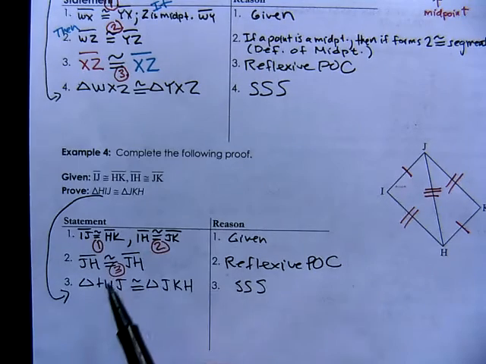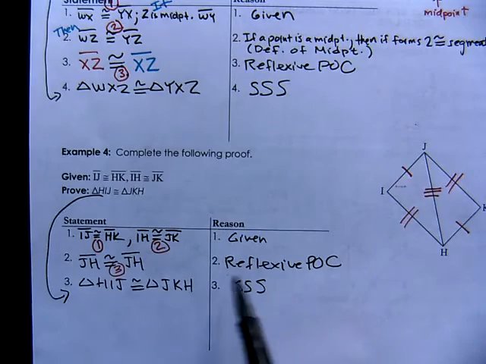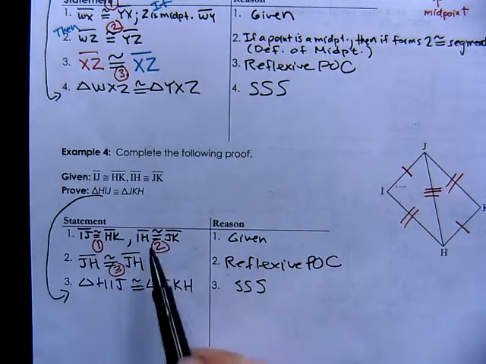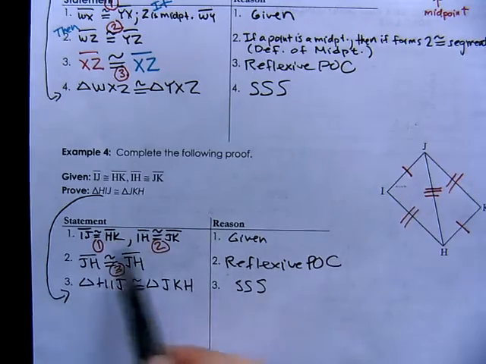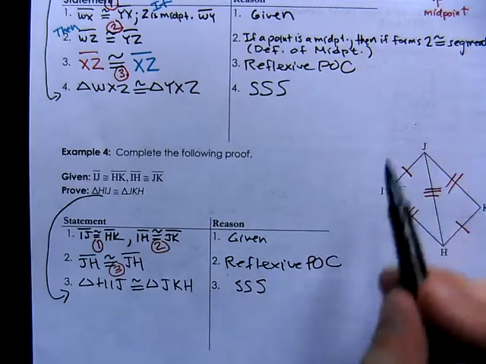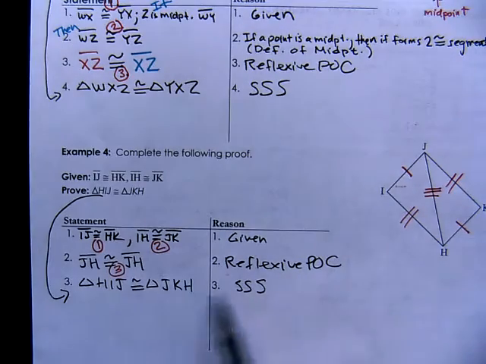Count off the number of congruent parts that you will need to make sure you have 3 before you can then finish off the proof. All of our shortcuts will have exactly 3 items that are needed. If you only have 2, then that tells you you're missing something. Go back to the diagram and look to see what you can find. Once you've got all 3, that's when you know you can wrap it up and identify the pattern.